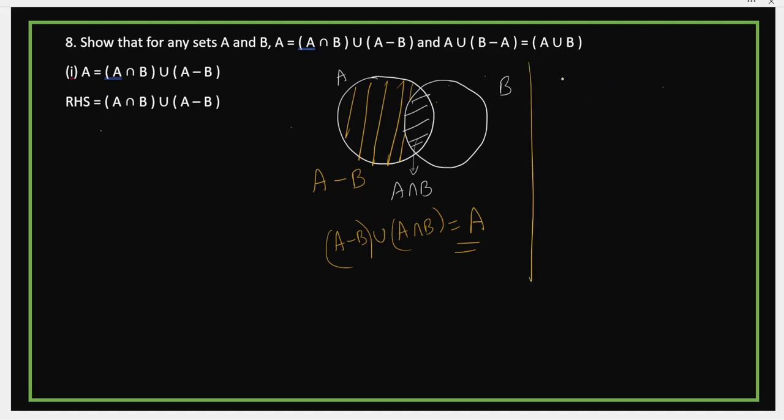And also the second one. This is one set, this is another set, A and B. What is B minus A?